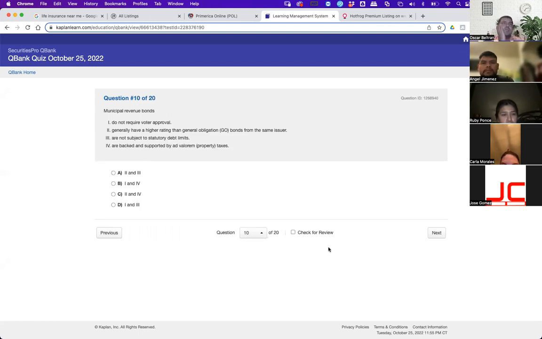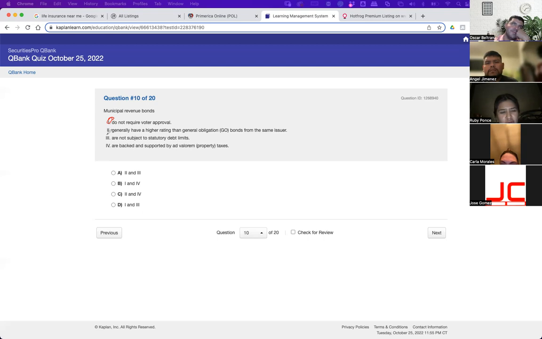All right, municipal revenue bonds do not require voter approval. Is that correct? Yes. Okay, that's correct. How about number 2? General obligations. How about two? How about three? Is that true? I don't think so. It's true.